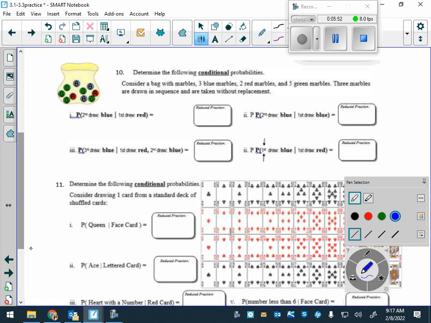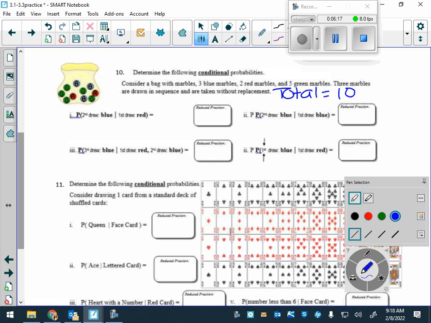Okay, so consider a bag with marbles. 3 blue, 2 red, and 5 green. How many do we have in total? Eliza? 10. Okay, we have 10 in total. Okay, 3 marbles are drawn in a sequence. They're going to give you a specific sequence. Doesn't mean all 3 are drawn. So, it says without replacement.